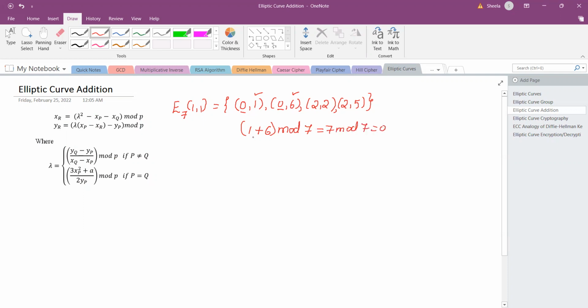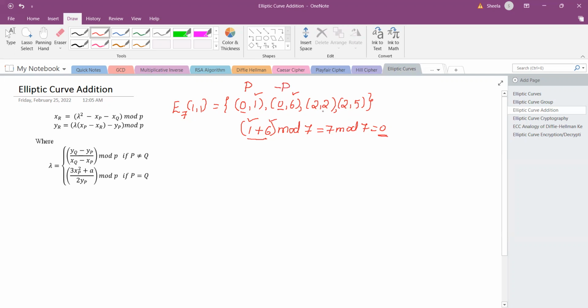So when I add these two field elements, I am getting the additive identity, meaning 1 is the inverse of 6 and 6 is the inverse of 1. So if I consider this as point P, then this will be minus P.